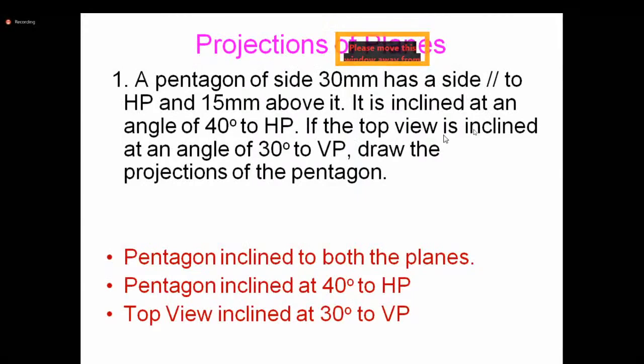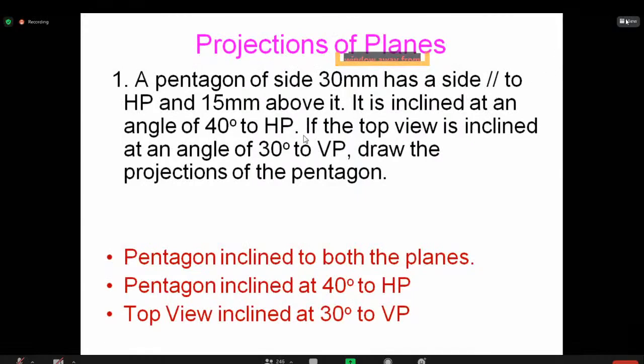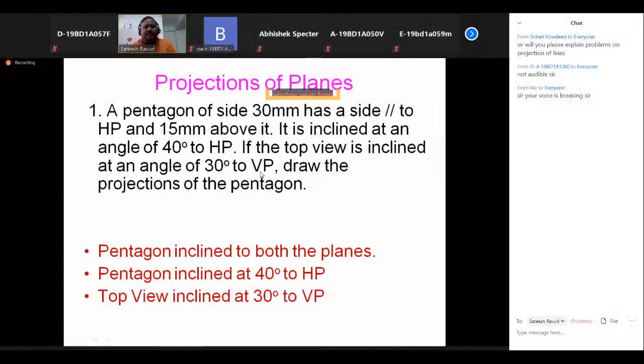Clear? Now the top view of this pentagon is inclined at 30 degrees to VP. Of course, this is the second phase.